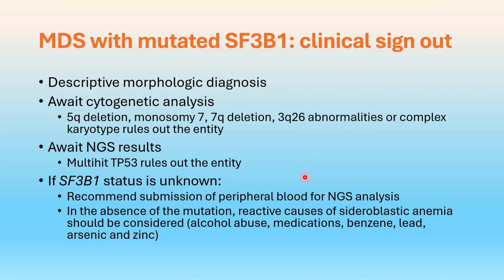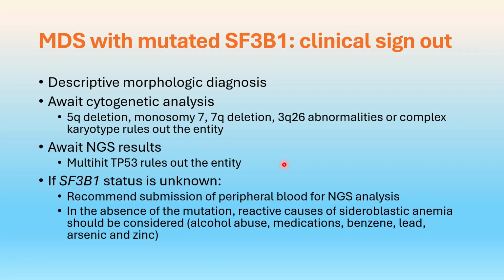So how do we sign it out? It's the same idea, a descriptive diagnosis: normocellular bone marrow with presence of ring sideroblasts, see note. In the note, we say we have to correlate with cytogenetics and rule out all of these abnormalities, and we have to wait for NGS. Depending on the oncologist, some of our leukemia oncologists send everything for NGS, and some of our hematologists will not send NGS at all.